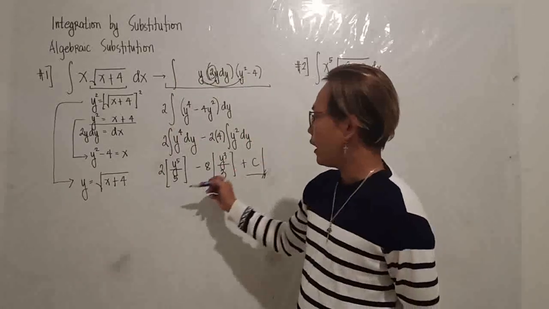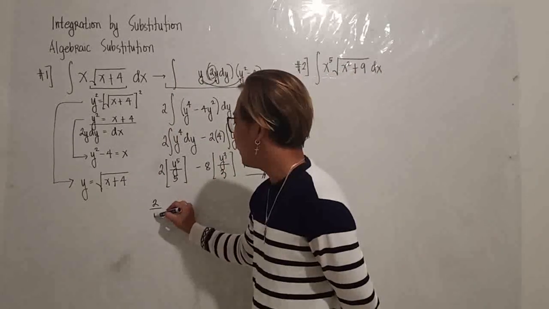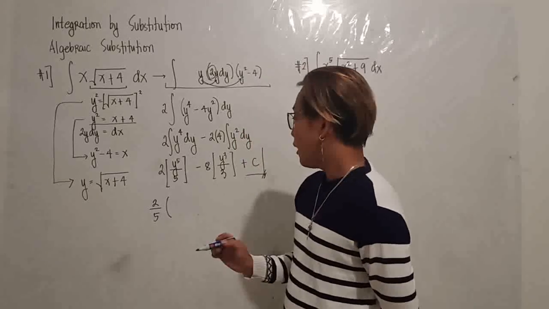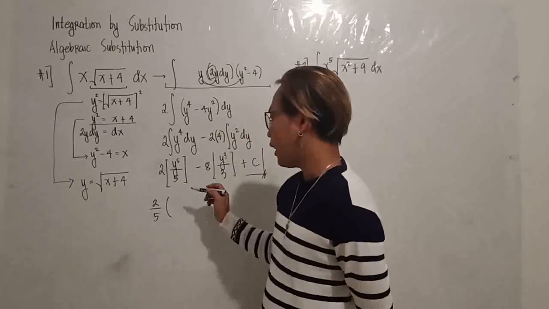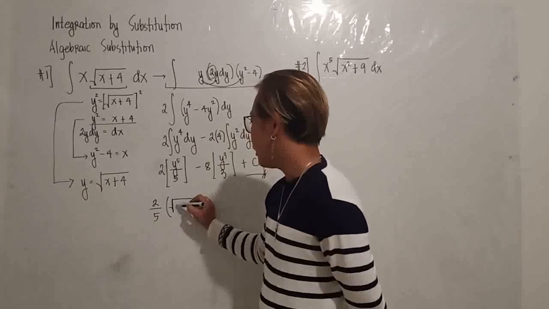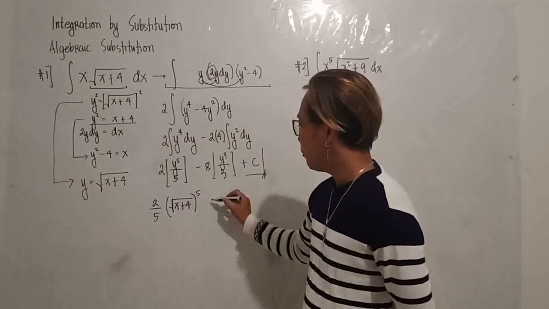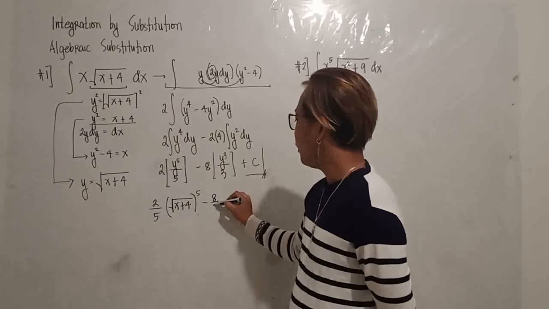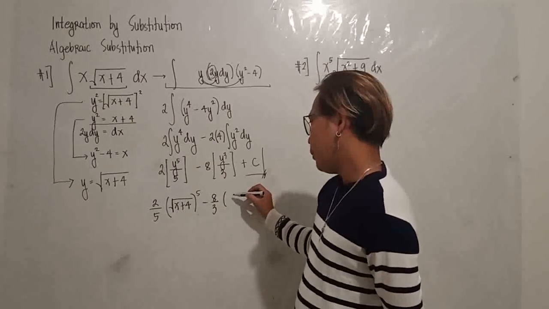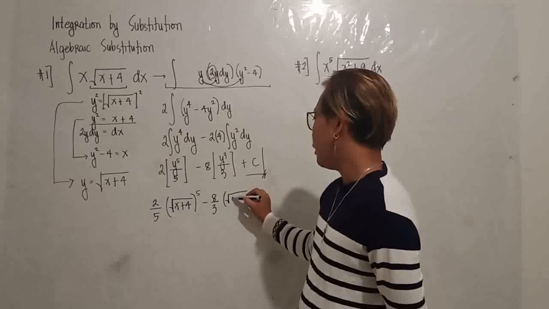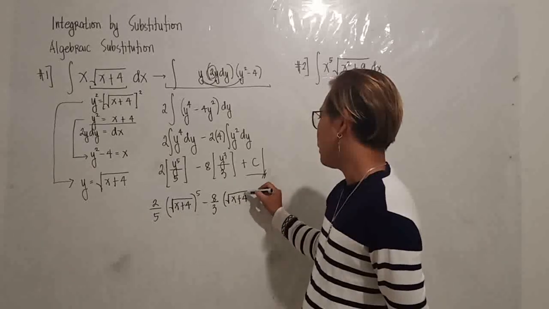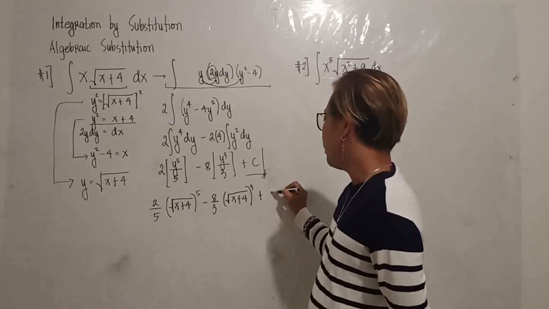So substitute that. You will have 2 over 5. Then y raised to 5, that is the square root of x plus 4 raised to 5 minus 8 over 3 multiplied to the square root of x plus 4 cubed plus c.